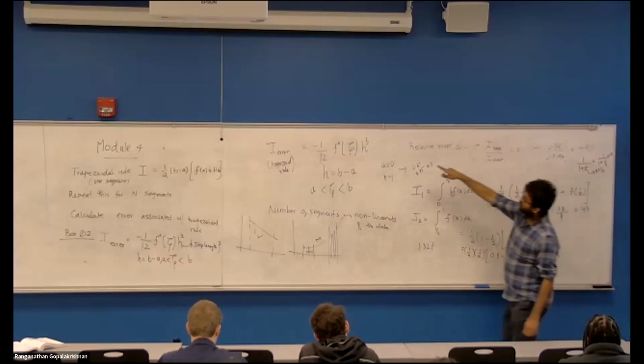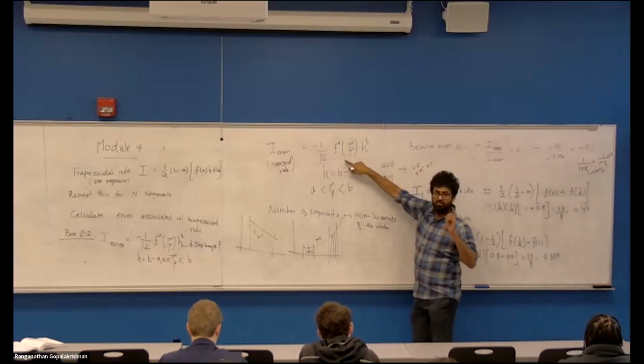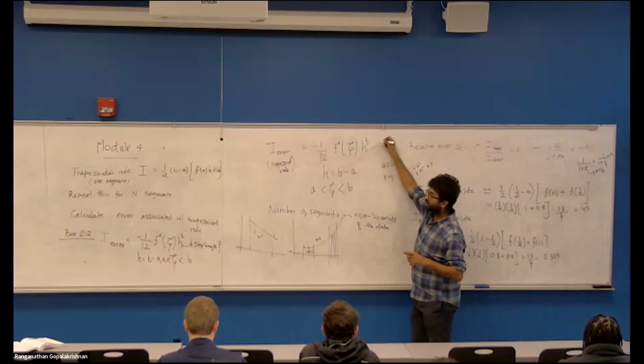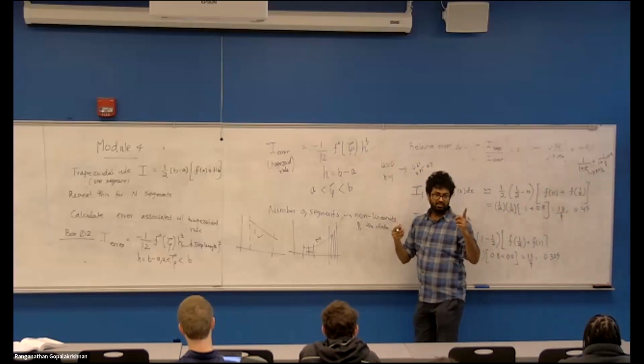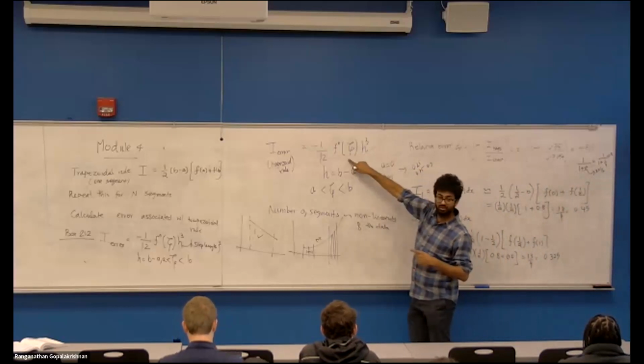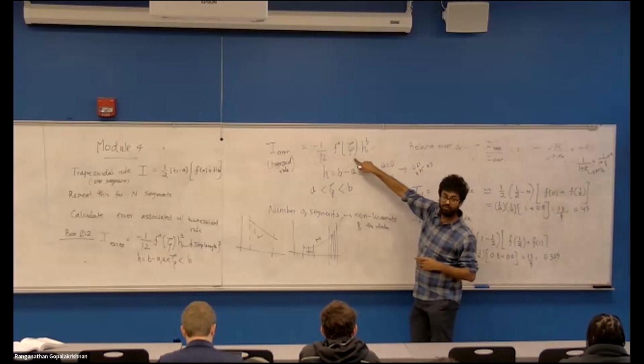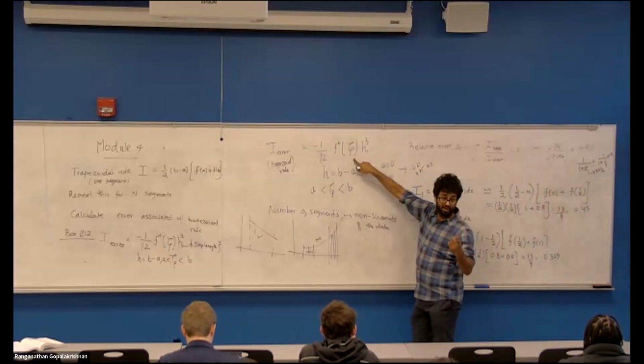So if you look here, what did I start my discussion with? If you had a function f of x which is constant, you need only one segment, meaning trapezoid rule has zero error because the second derivative of a constant function is 0. If you had a linear function also, trapezoid rule is still exact.